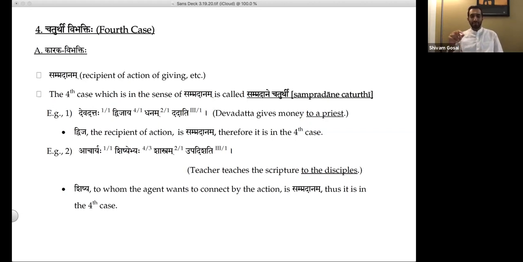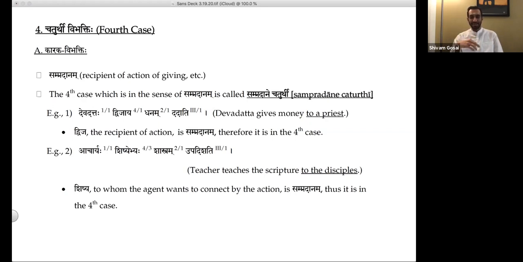The next example, Acharyaha Shishyebhyaha Shastram Upadishati. So again, verb, Upadishati, teaches. Who teaches? First case, Acharya. So the teacher teaches what? Teacher teaches the scripture, Shastram, to who?